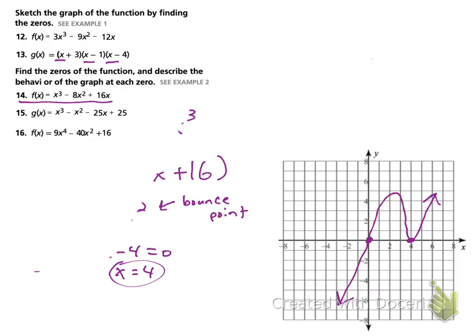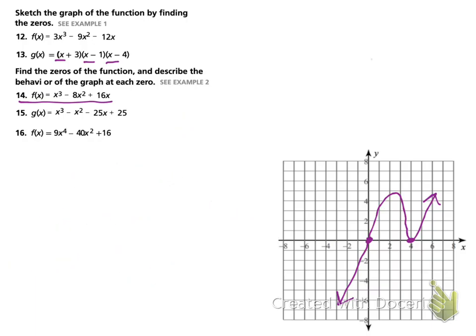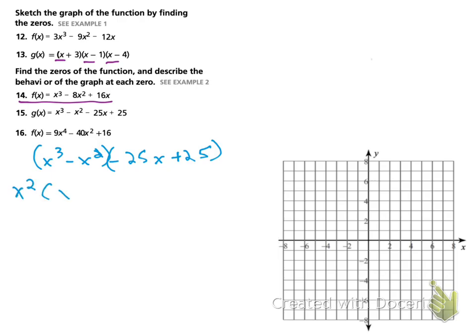All right, 15. 4 terms. If we have 4 terms, we want to try and factor by grouping. X cubed minus x squared minus 25x plus 25. Group, group, group, group. GCF of that first group is x squared, with x minus 1. GCF of that second group is negative 25, with x minus 1.